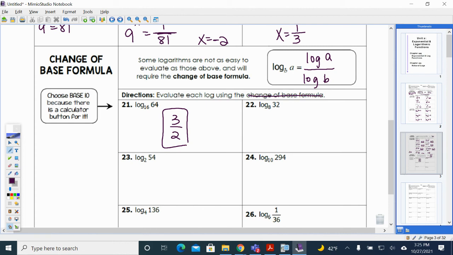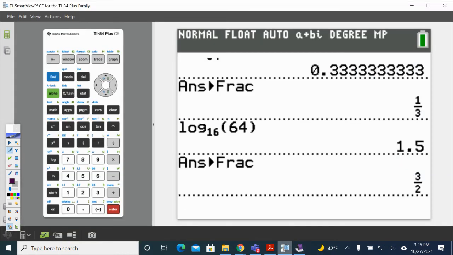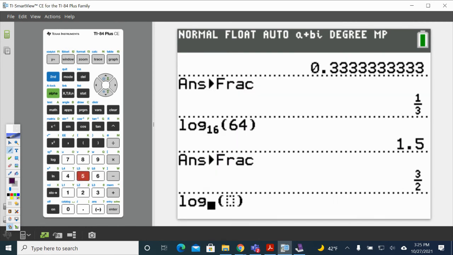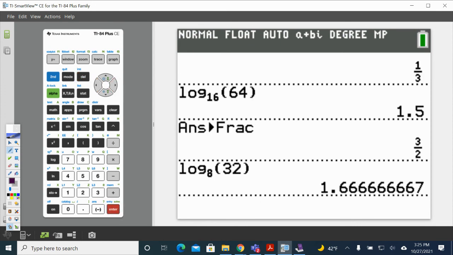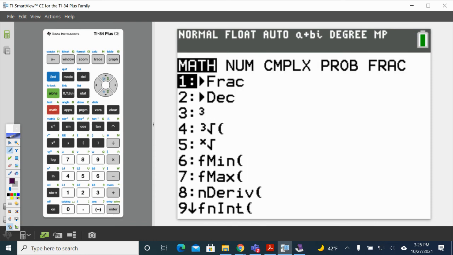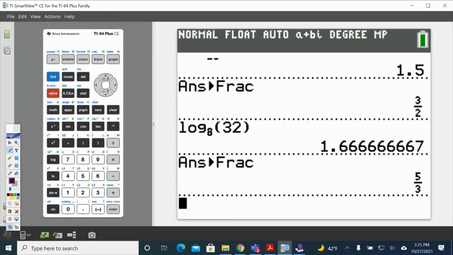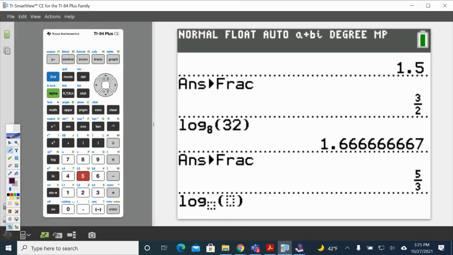Number 22, log base 8 of 32, alpha window, number 5, log base 8 of 32 gives me 1.6 repeating. Math, enter, enter, let's change that back to a fraction, 5/3, and keep going.